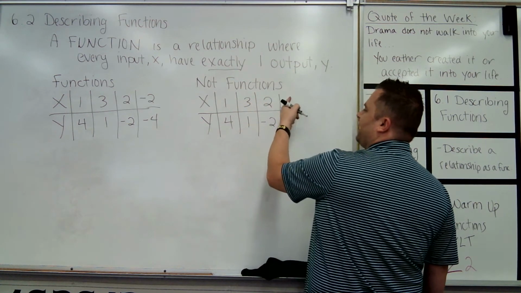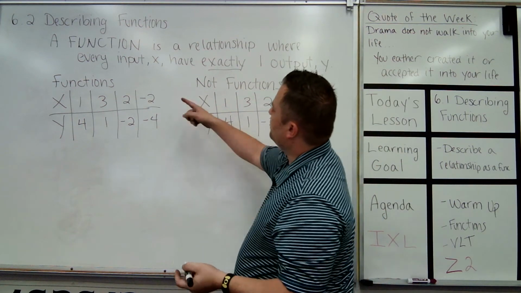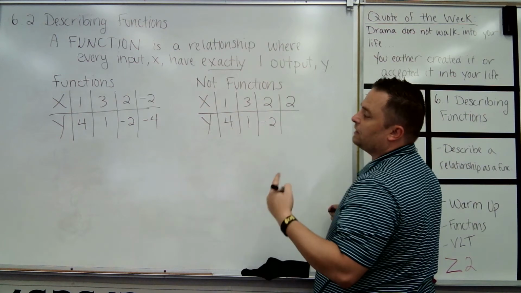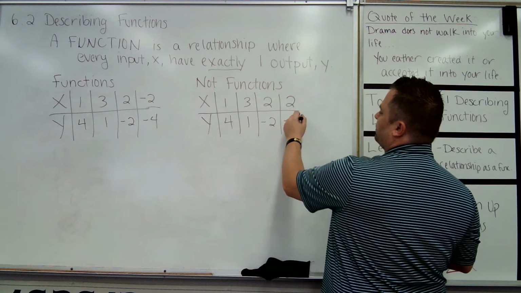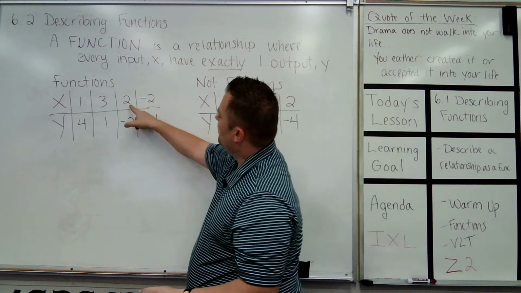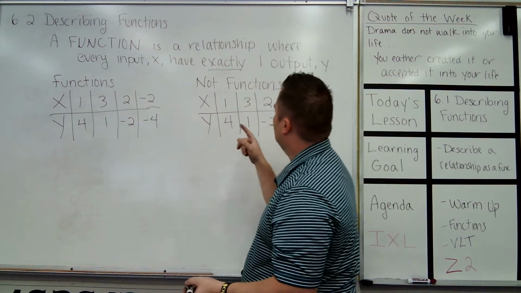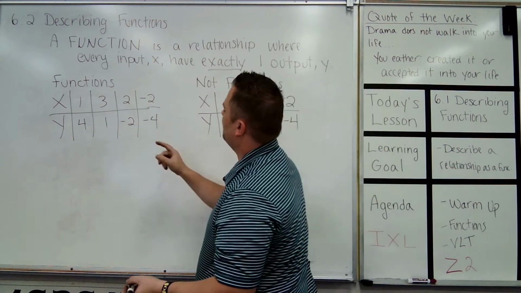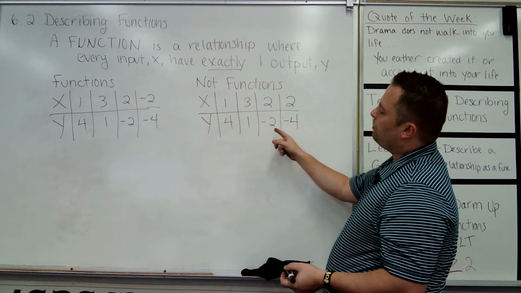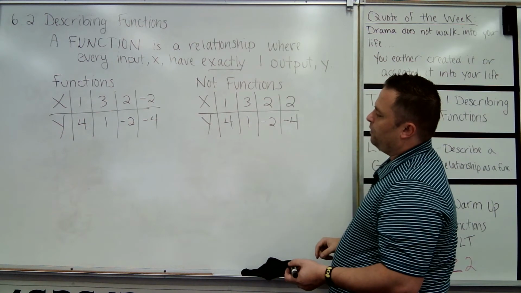And instead of writing -2 here, I want to reuse 2 again. And I'm going to reuse 2 for a very specific reason. This will still produce -4. I want this to be a non-function, so I want there to be 2 separate outputs from the same input. This is the same input, 2 and 2, producing 2 separate outputs, meaning -2 and -4.